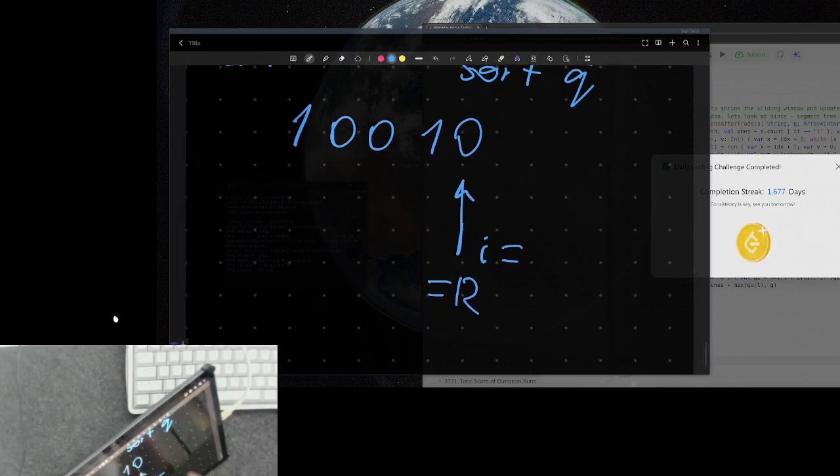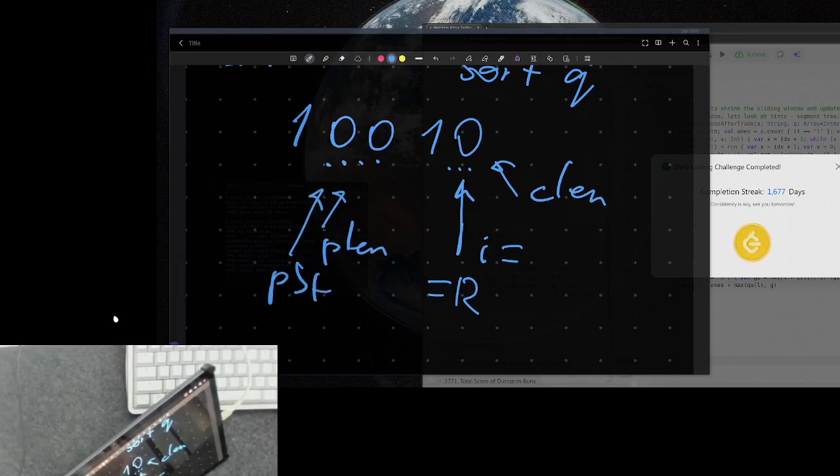The second step is how we calculate these islands. We only care about the current one. This is the current length, and previous. This is the previous length and previous start, P start.